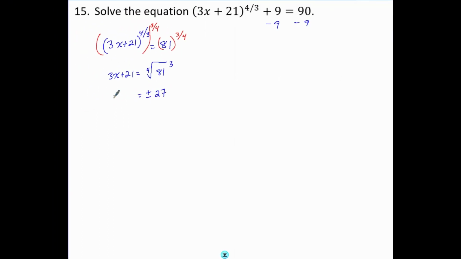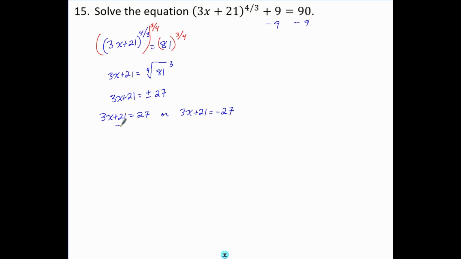And this 3x plus 21 is still over here. So I have two possible solutions. Let's split it up. We're going to have 3x plus 21 equals positive 27, or we're going to have 3x plus 21 equal to negative 27. We just need to solve both of these.